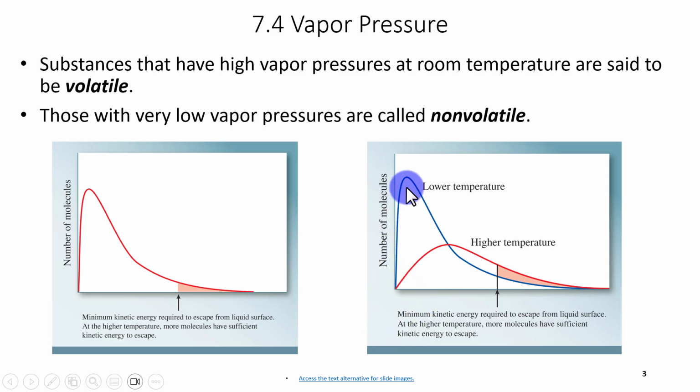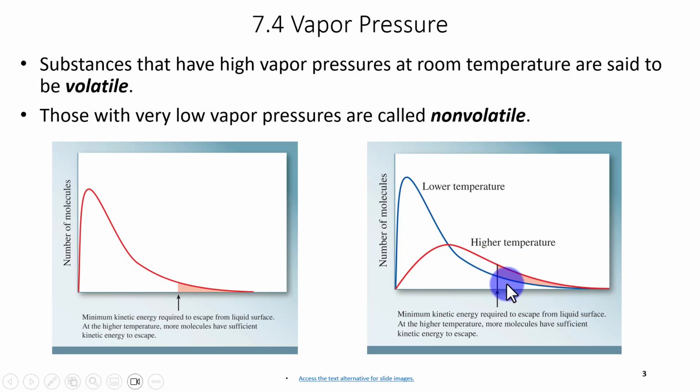What happens if I raise the temperature? Well, what we notice is that these curves change and they start to slide to the right. Note that I didn't change the minimum kinetic energy that is required. That is still the same, even at higher temperature. But what is changing is the number of particles that have enough energy now to enter into the gaseous phase. The shape of this curve is changing. And so now, look at the red curve here.